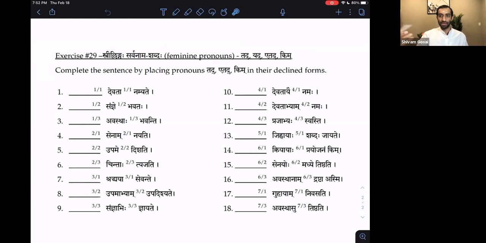What is the prayojana, the reason, or what is the reason? And then of the kriyayaha. Kriya, right, is action. So kriyayaha, reason for the action, it's only one, right?